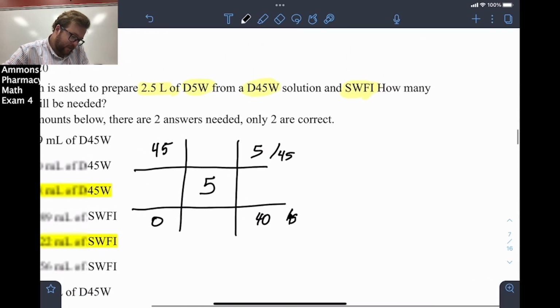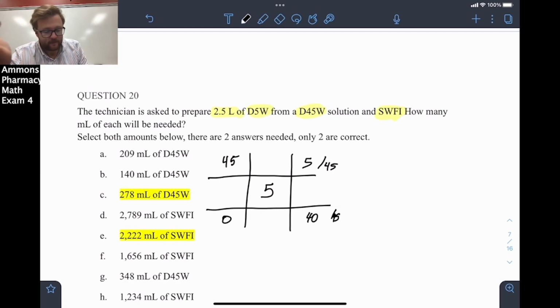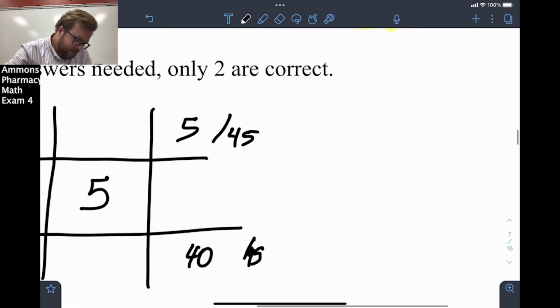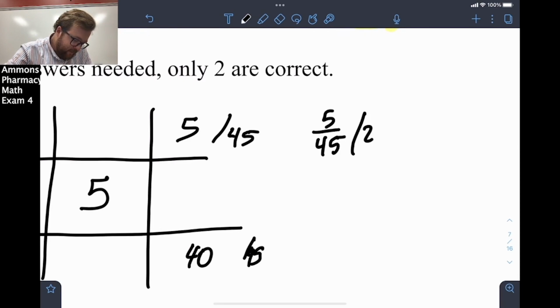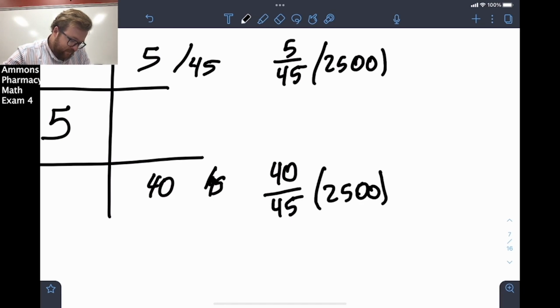Okay, so how many mils are we making? We're making 2.5 liters, which is the same thing as how many mils? 2,500. So we have 5 over 45 times 2,500. And then on this side we have 40 over 45 times 2,500.